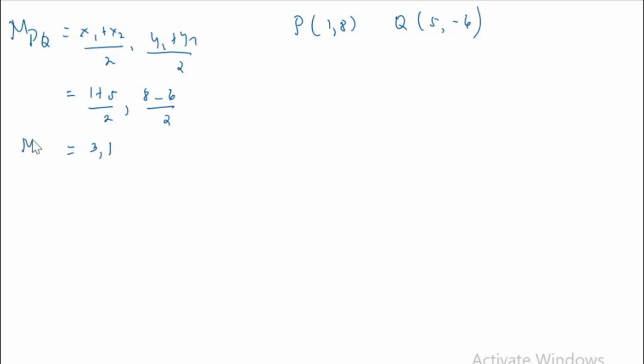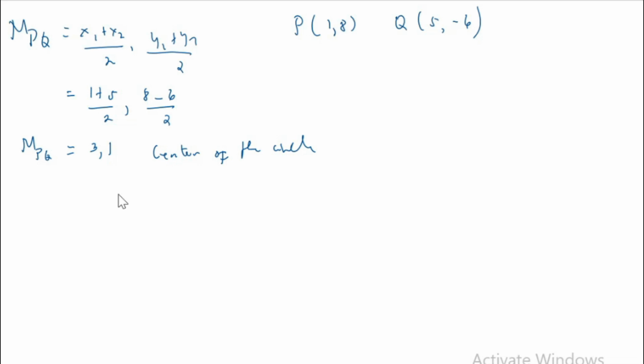Therefore, the coordinates of the midpoint of PQ, which is actually the center of the circle. Okay, so I will write here that this is also the center of the circle. Next is to find the radius, in order for us to find the equation of the circle.